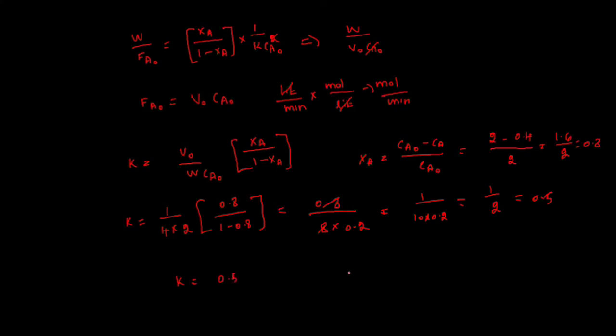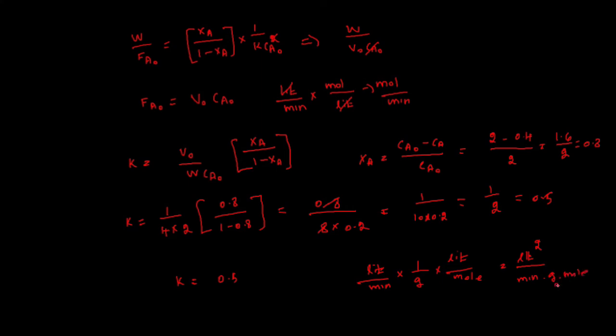Let us check the unit of the K. Unit of V naught is liter per minute divided by gram multiplied by unit of C naught, which is moles per liter. Therefore, I can write liter per mole. Therefore, unit will be liter power 2 per minute gram mole.